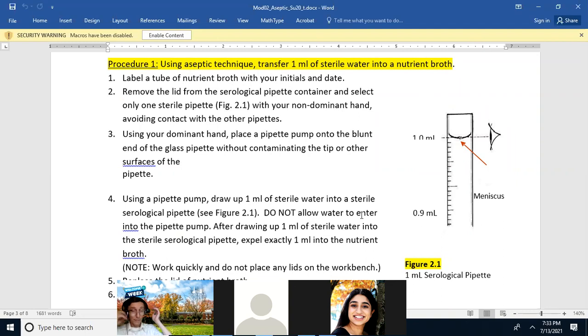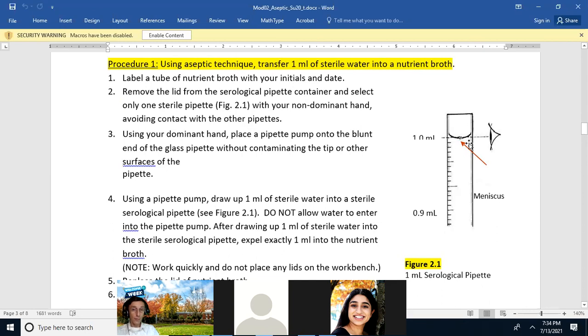When you get the water on the pipette, you'll notice that the water in any glass container, like a burette, will form a meniscus. And where do you read the water mark on the meniscus? Do you read it at the top of the meniscus, at the bottom of the meniscus, or in the middle of the meniscus?